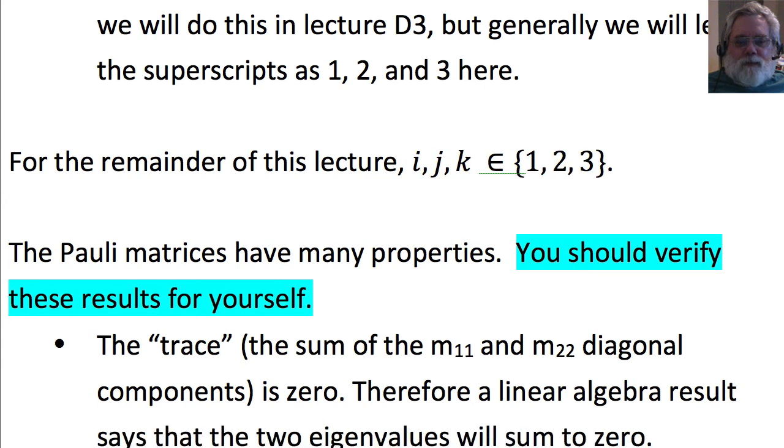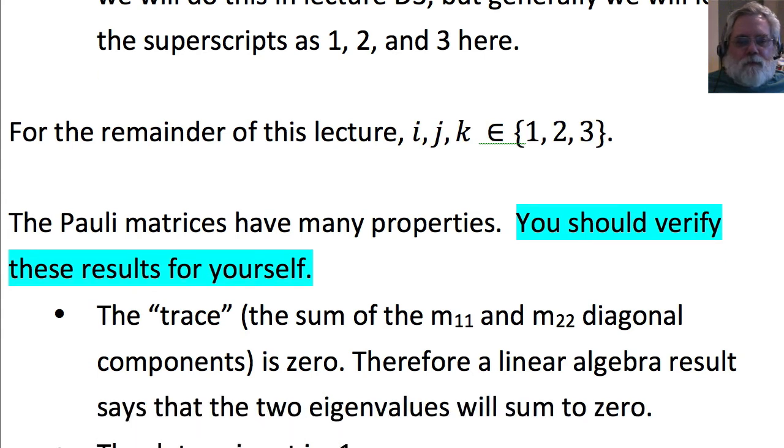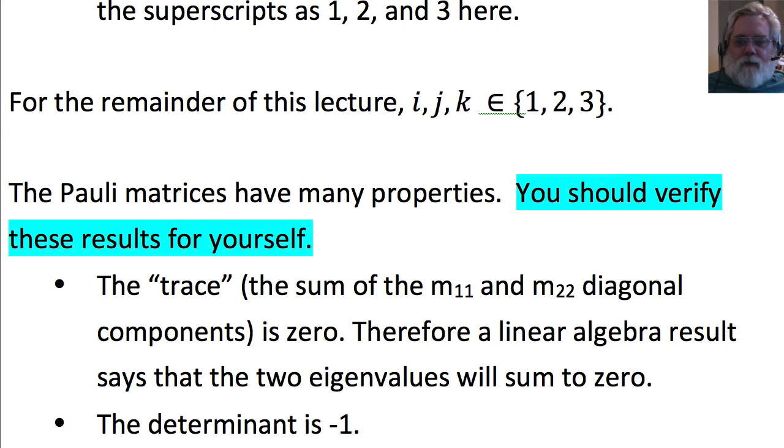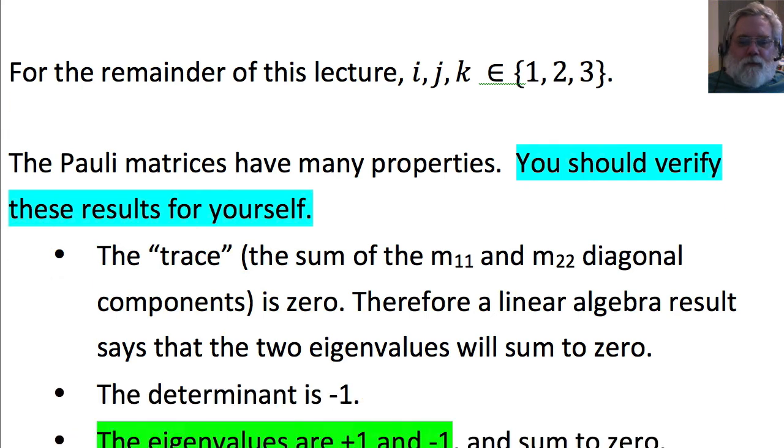The Pauli matrices have many properties. They're all easy to prove because 2 by 2 is a pretty easy system to work with. You should verify these results for yourself, but I'm not going to verify them with you. Try it yourself. The trace of a matrix, any square matrix, is the sum of the elements on the main diagonal.